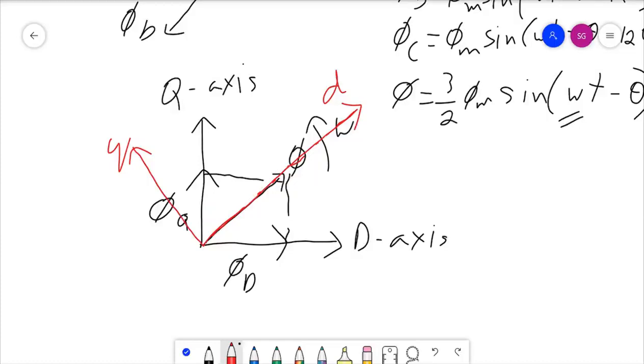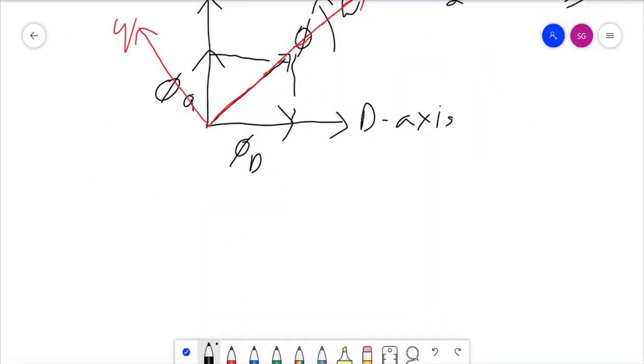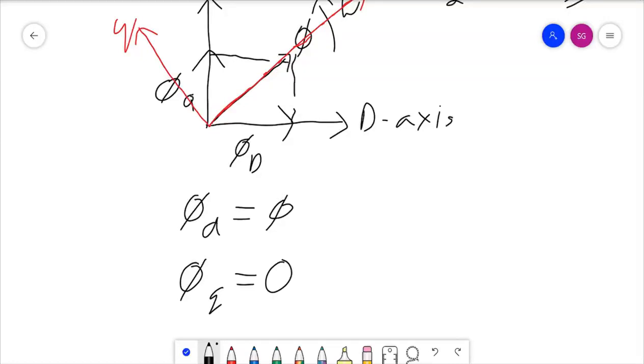So my phi small d will be equal to phi itself, and my phi small q will always be 0, because this reference frame is always aligned with the flux, as they are at the same speed.